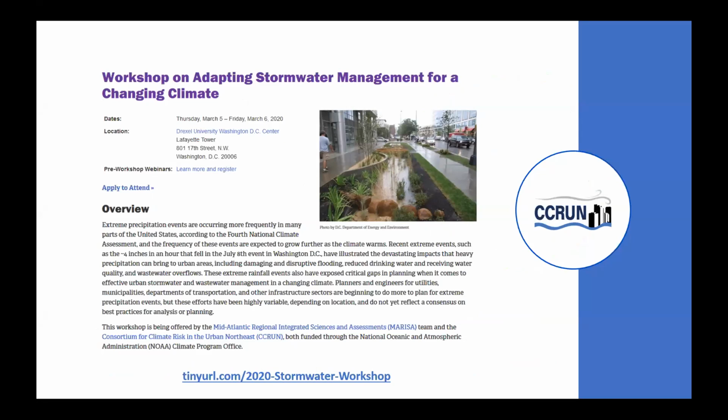on March 5th and March 6th, during which we will synthesize for stormwater, wastewater utilities, practicing engineers, and others, what we've learned through the webinars. And the focus of the overall workshop is helping water utilities and those involved in the planning of water infrastructure to take what we know about changes in precipitation, for example, from global circulation models, and to incorporate that into the types of products that are used in stormwater and water planning, urban water planning and flood control.